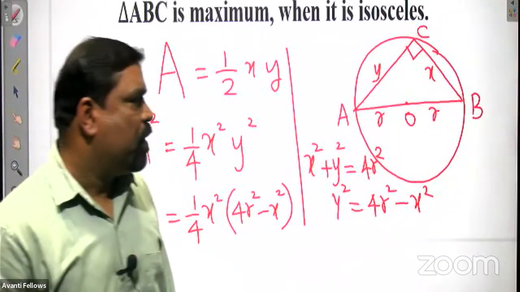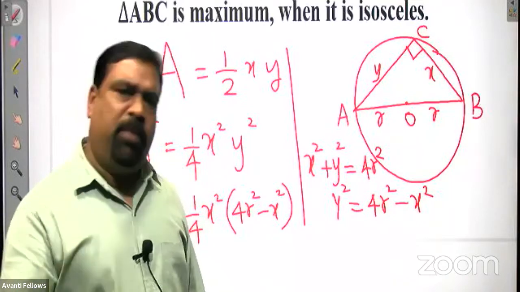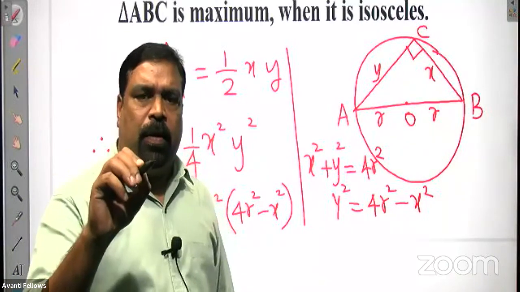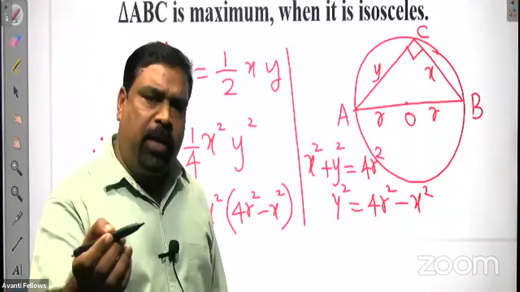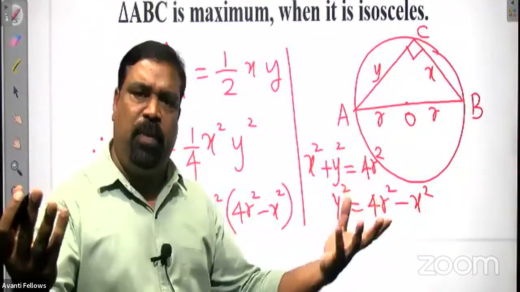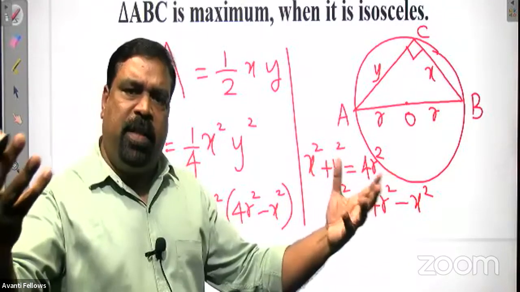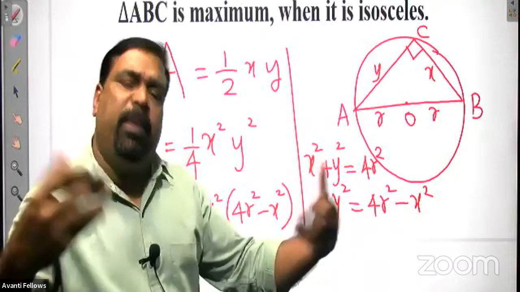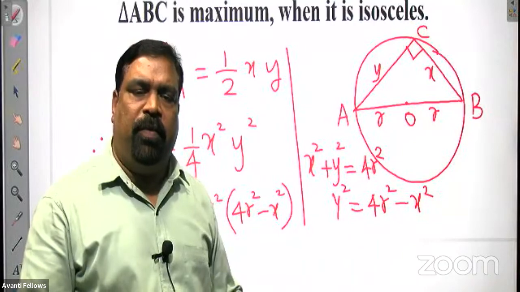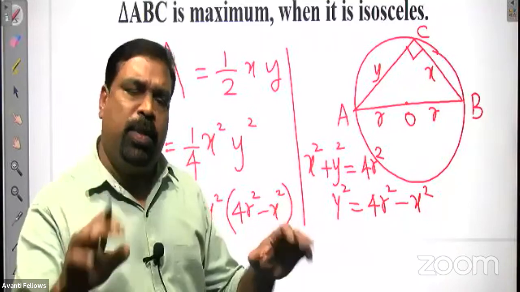You remember, area is a positive function. So we have to find the maximum value of A. In place of that, we will find the maximum value of S square. Whenever S square is maximum, at the same critical point, A also will be maximum.